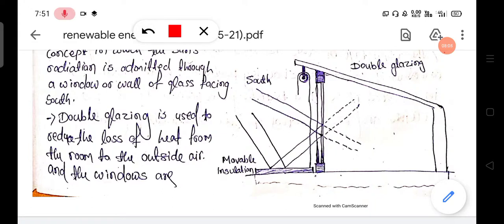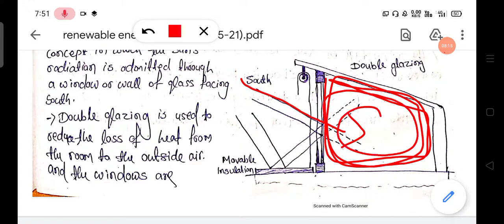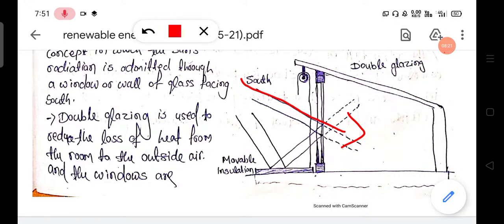Here these rays fall directly on the room and heat the room air. So that's why it is called direct heating, the direct gain concept. Directly gain the heating energy.